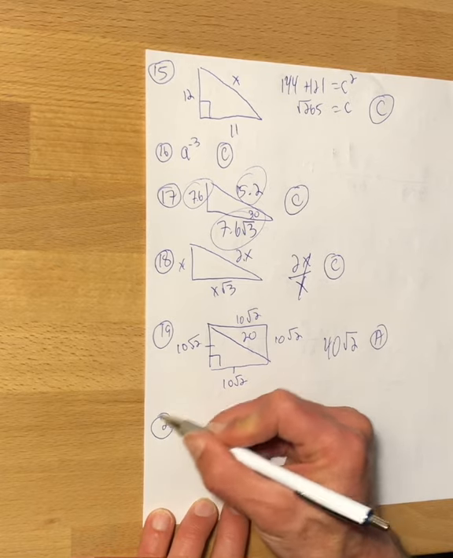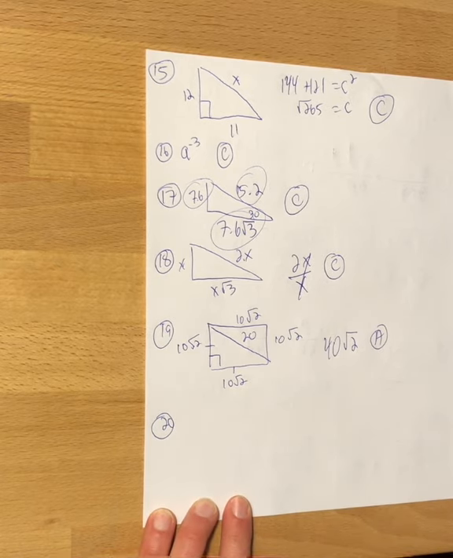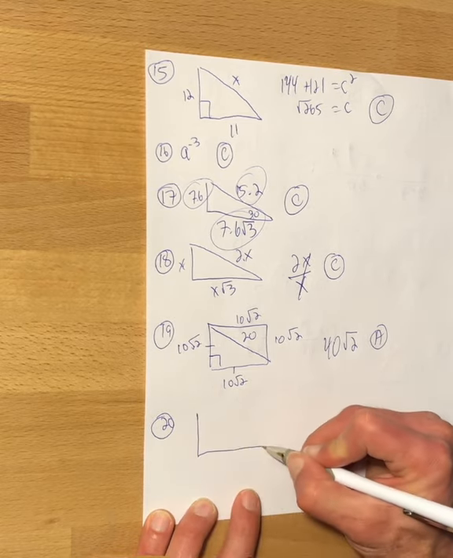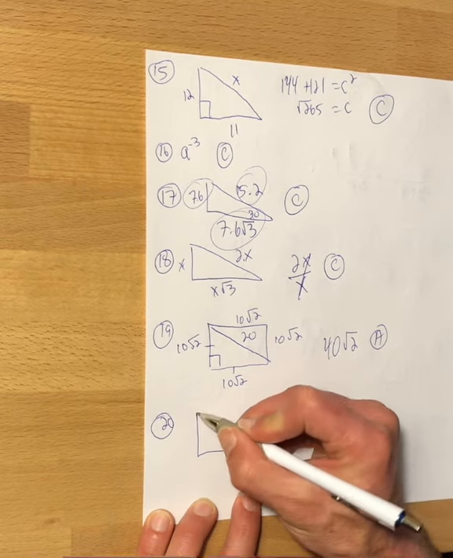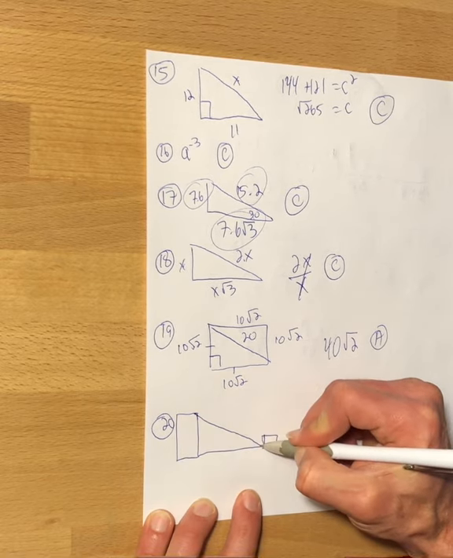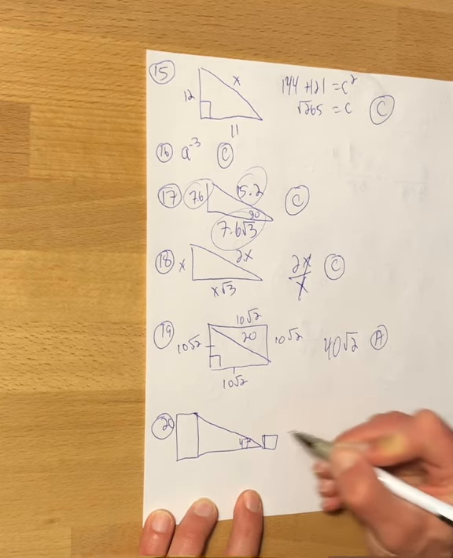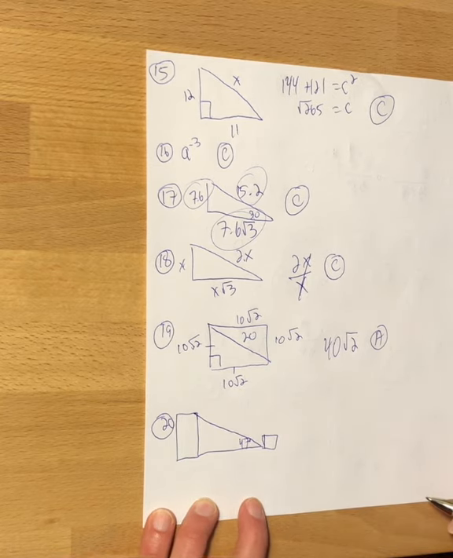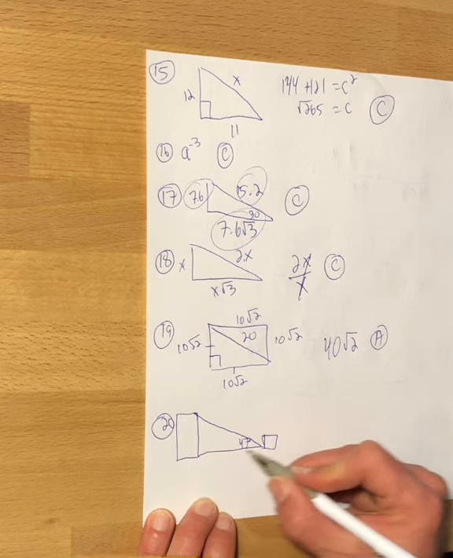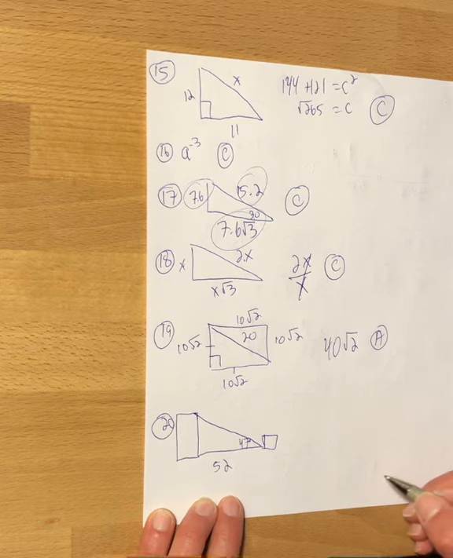Now for number 20. A photographer shines a camera light at a particular painting. All right, so here's your camera right here. This is the painting on the wall. And the angle that it's created is a 47-degree angle. If the light is 52 feet from the wall, so the distance from the wall to the light is 52 feet, how high above the platform is the painting?